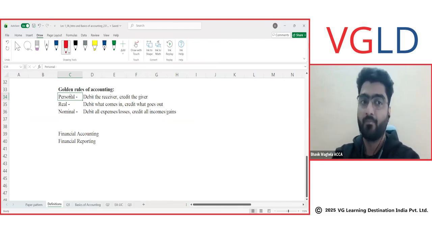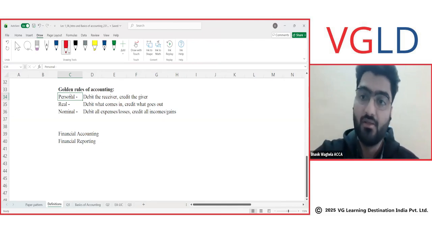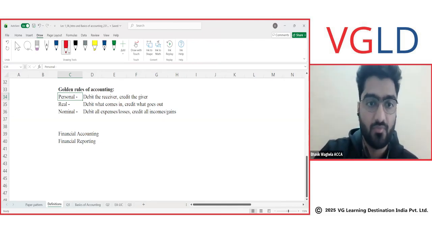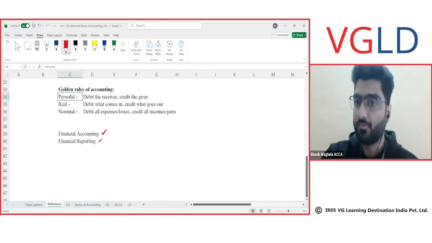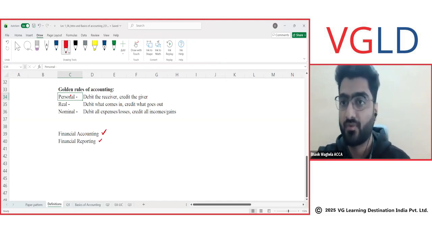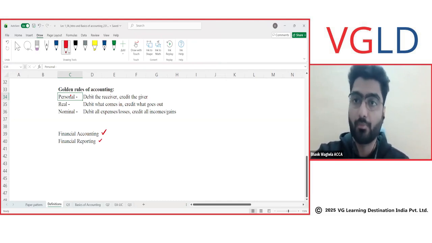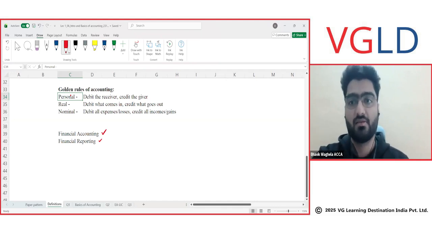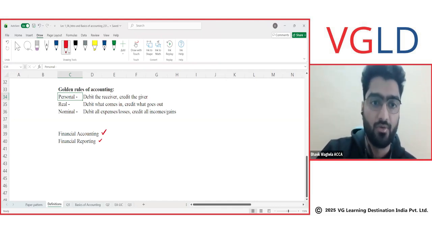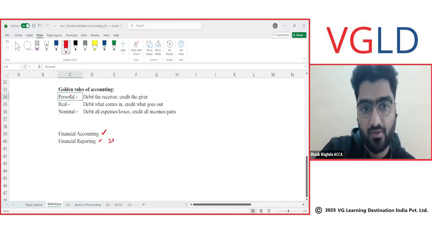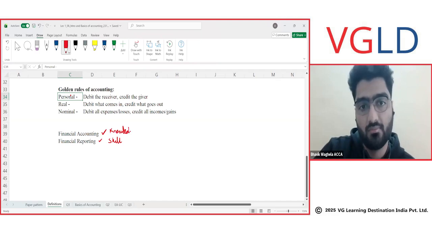So what we are learning is financial accounting. Both financial accounting and financial reporting are different. In accounting, we will be learning about recording. And in reporting, you will be learning how to report these transactions in the financial statements. So both are different. This is something that you will be learning at the skill level, and this is something that you will be learning right now at the knowledge level.